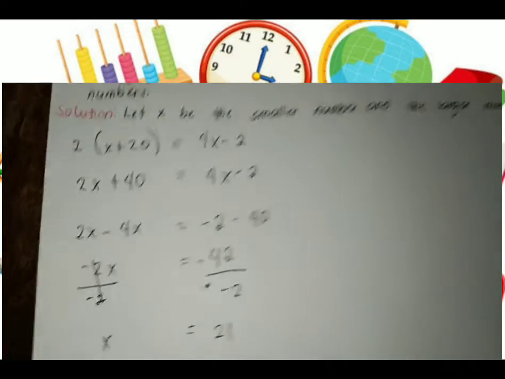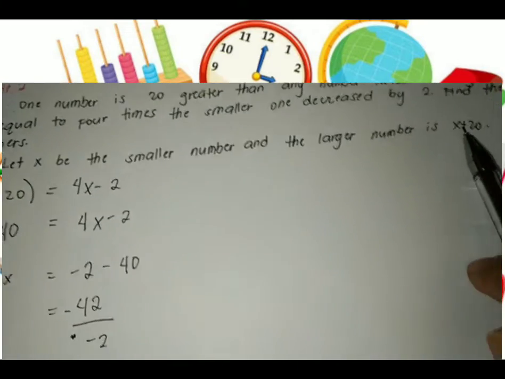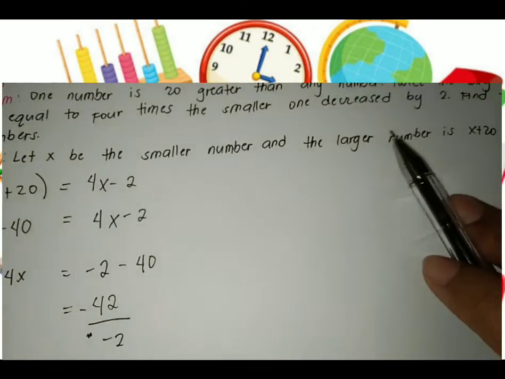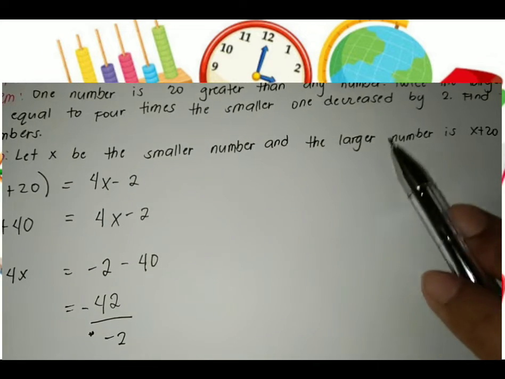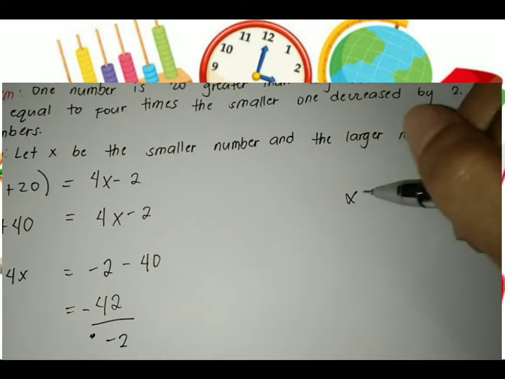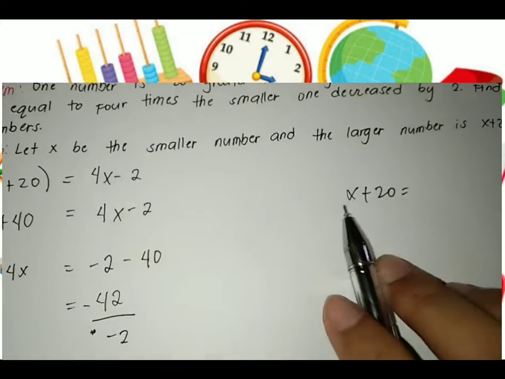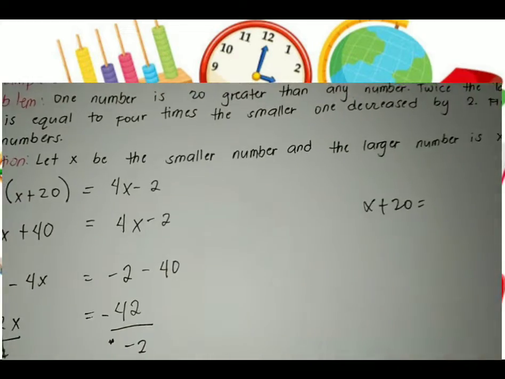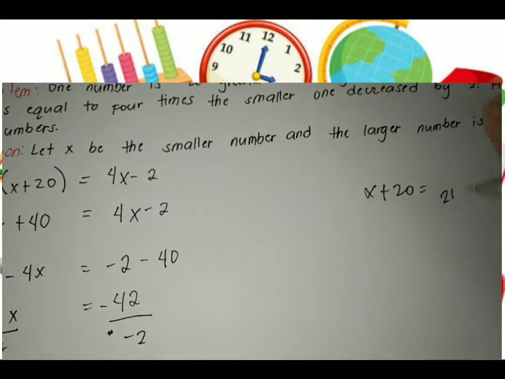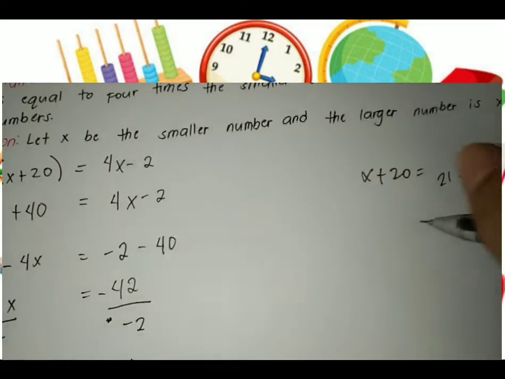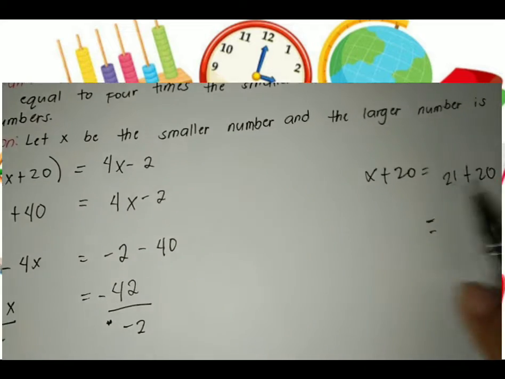Now we are going to solve the x plus 20, or the larger number. Okay, so x plus 20 is equal to, we are going to change the x into 21. 21 plus 20. So we are going to add this.